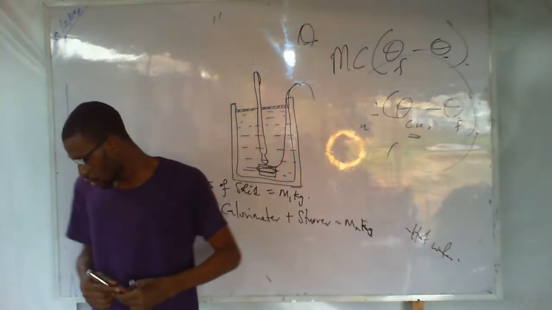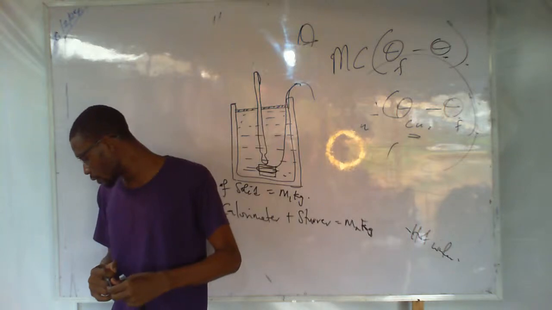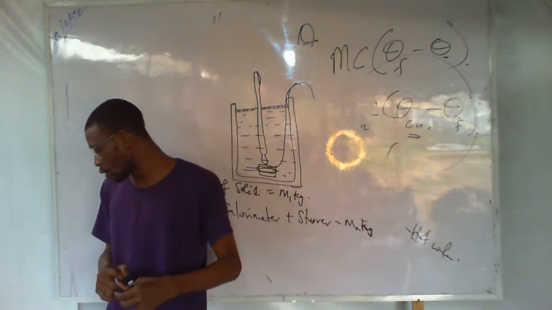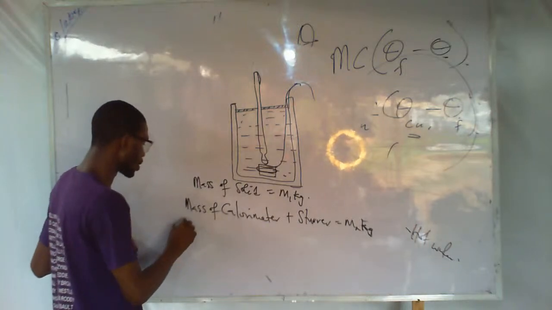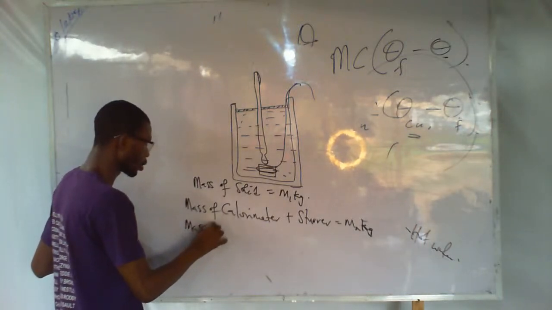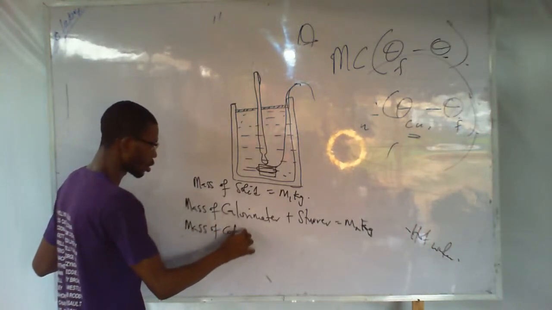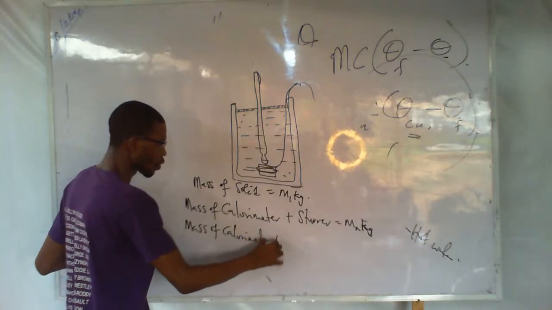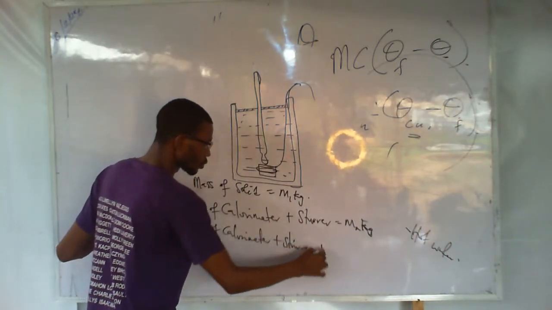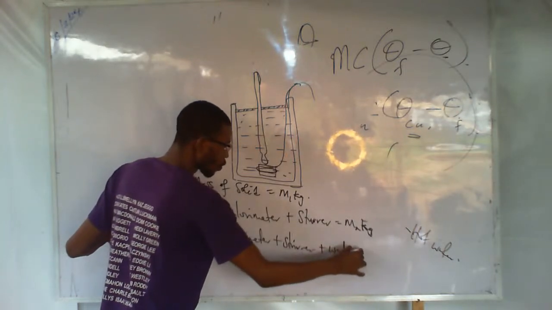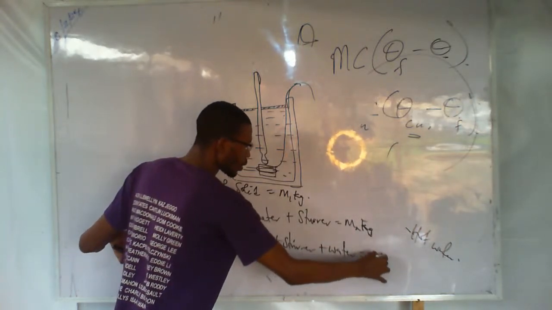Then write the mass of the calorimeter plus stirrer plus water to be equal m3 kg.